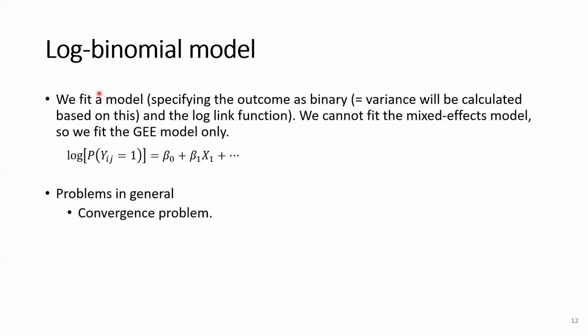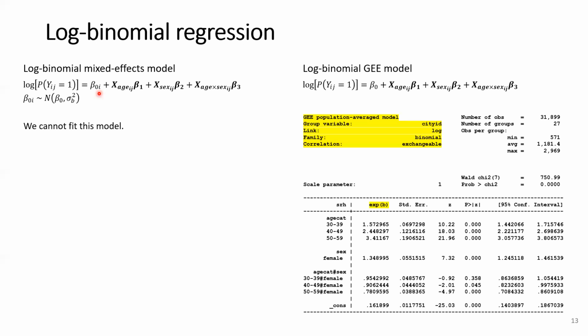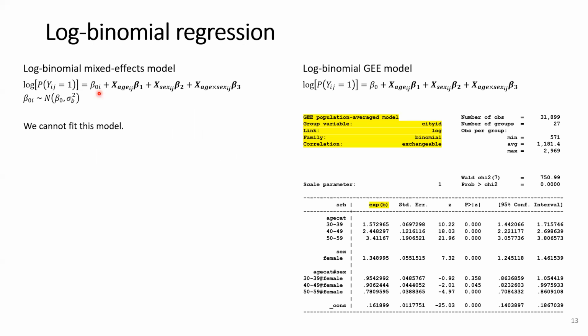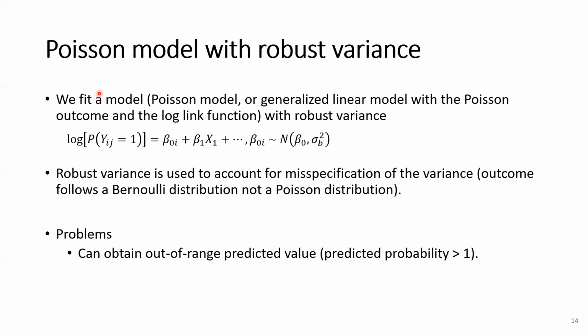Yeah, thank you. And you also have a problem with the Poisson model, because the Poisson distribution is assumed to lie in the positive integers, so 0, 1, 2. And when you use a Poisson model with robust variance, you're assuming that the outcome can only take values that are exactly 0 or 1.